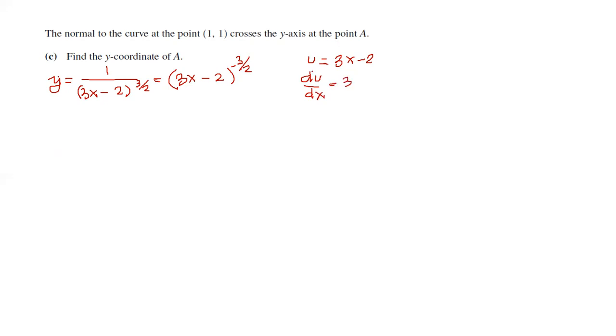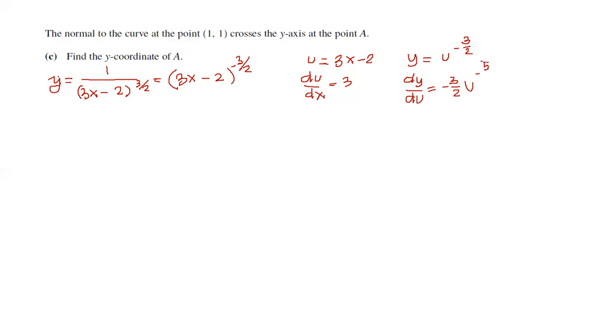Okay, and if u equal 3x minus 2, it means y equal u to the power negative 3/2. It means dy/du equal negative 3/2 u to the power negative 5/2.